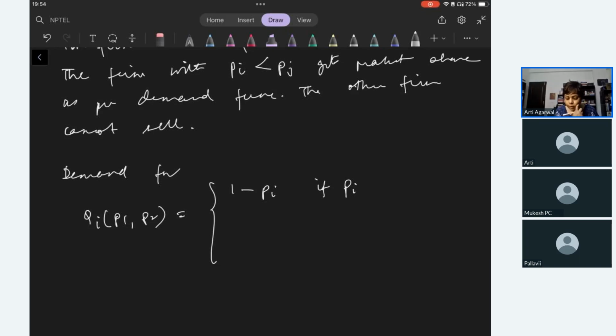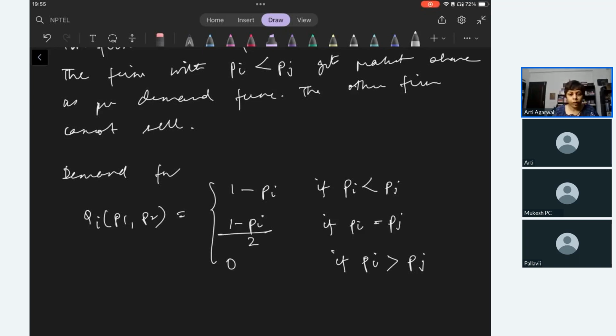In this case, you can see the demand function is 1 minus P. It can be A minus P, alpha minus P, whatever you want it to be. Okay. And if both the prices are same, then they divide the quantities, right? Both sell Q by 2. And if Pi is greater than Pj, then the quantity of i is 0.